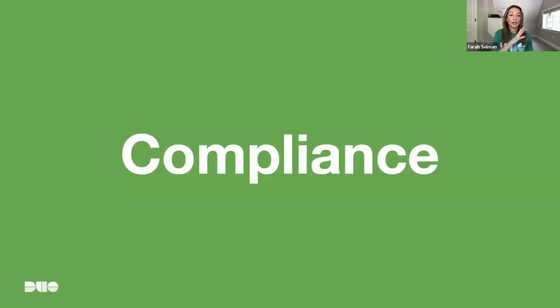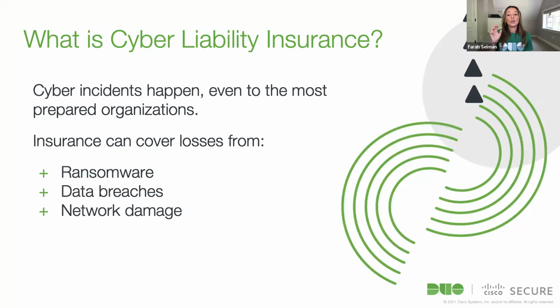So we've covered the threat landscape and MFA solutions used to combat bad actors. Now let's talk about compliance. So we'll start with cyber liability insurance. So cyber liability insurance generally covers your business liability for a data breach involving sensitive customer information like social security numbers, credit card numbers, account numbers, and health records.